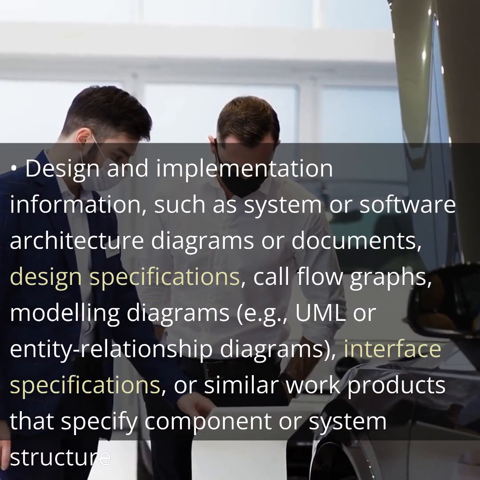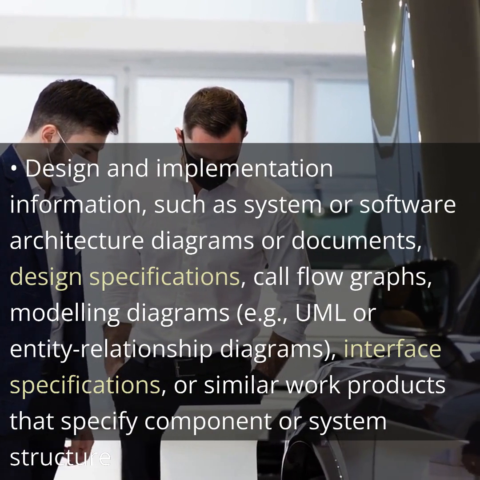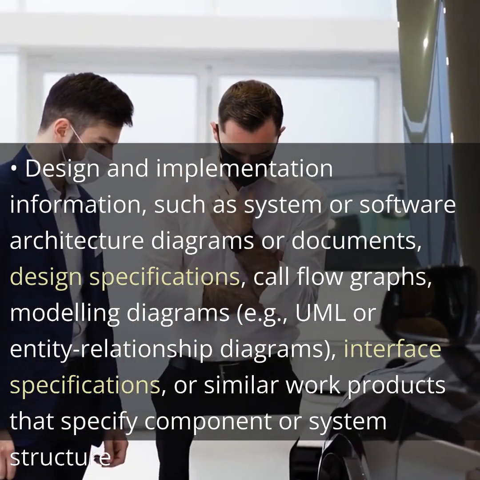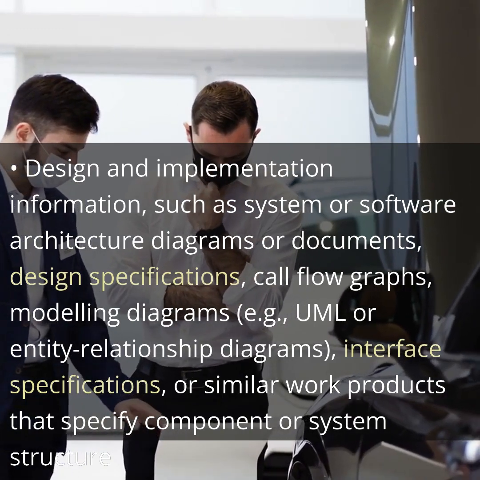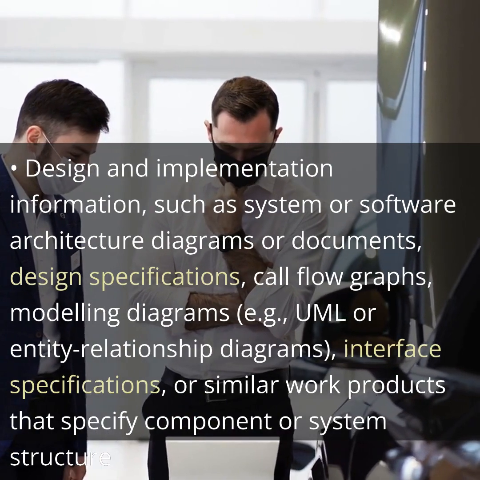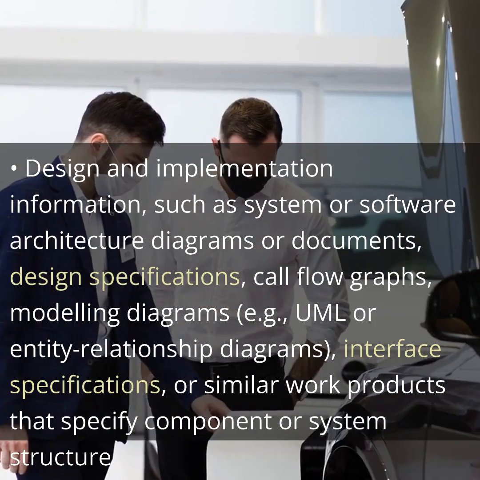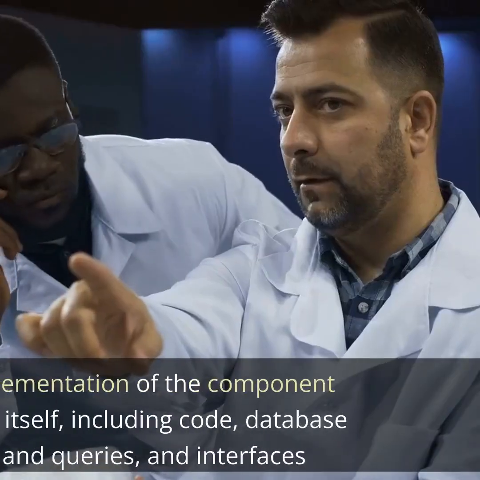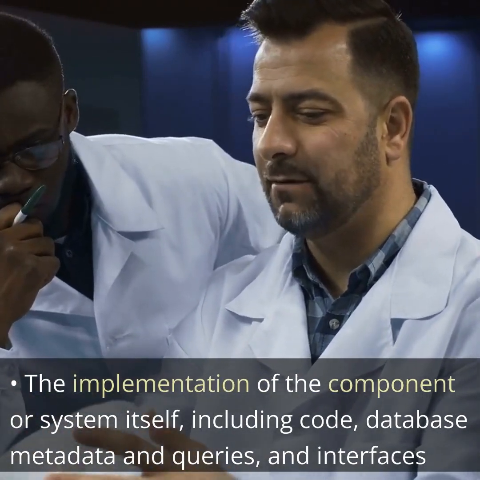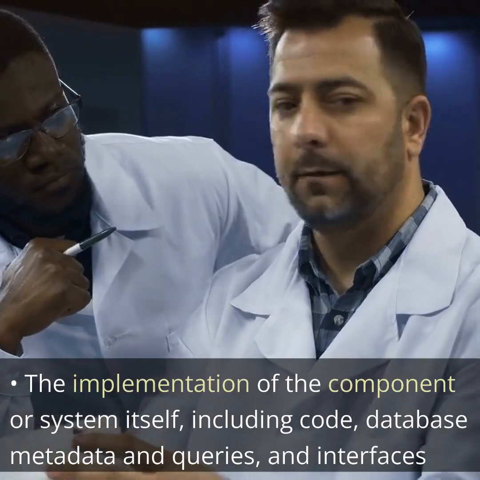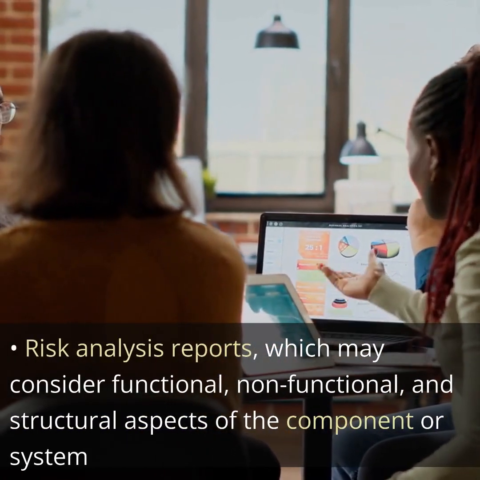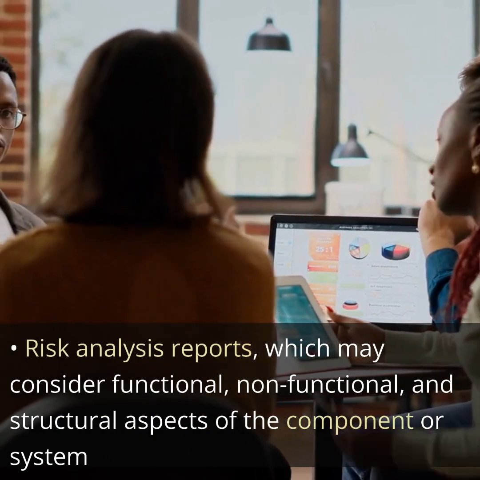Design and implementation information, such as system or software architecture diagrams or documents, design specifications, call flow graphs, modeling diagrams, e.g., UML or entity relationship diagrams, interface specifications, or similar work products that specify component or system structure. The implementation of the component or system itself, including code, database metadata and queries, and interfaces. Risk analysis reports, which may consider functional, non-functional, and structural aspects of the component or system.